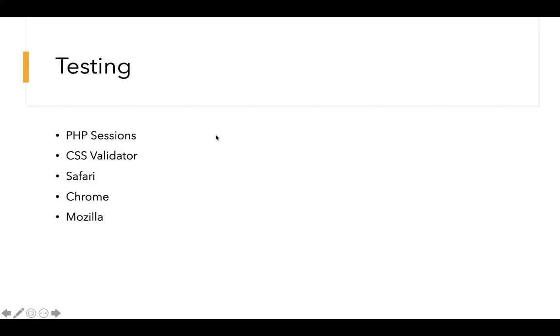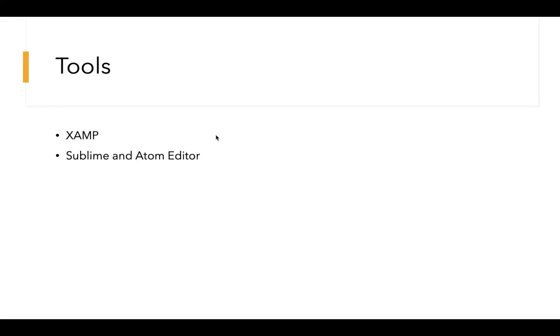And also we have used a CSS validator to validate our CSS. We have also tested our project on various browsers such as Safari, Chrome, and Mozilla. Initially we were using FileZilla to upload our PHP files, but it actually takes a lot of time to upload a file and then visit the page again and again.